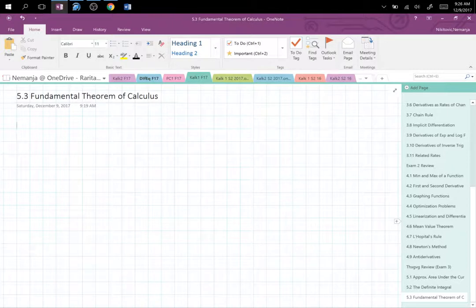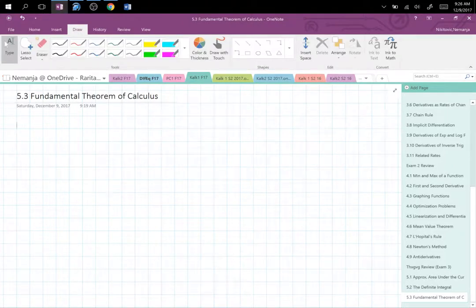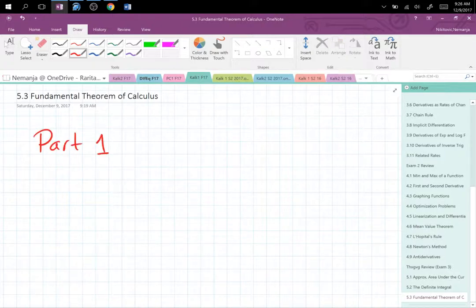The first part is the part on calculating the definite integral, which is what we saw last class, instead of that very lengthy Riemann sum calculation. So part one of the theorem is to call it the definite integral.